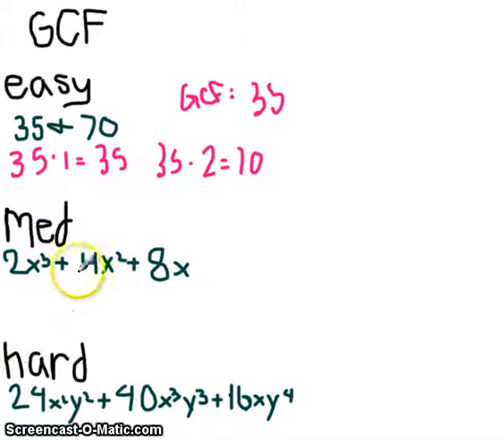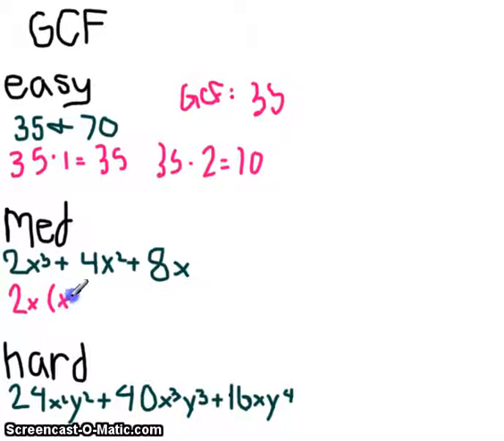We're going to move on to a more difficult equation, and just by looking at the equation, we're going to try and see if there's anything that all three terms have in common, and they do. So what we're going to do is they each can be divisible by 2, so we're going to take out 2, and each one of them has an x, so we're going to take out an x as well. So the 2x is our greatest common factor, and now with what we have left over, we're going to put in parentheses.